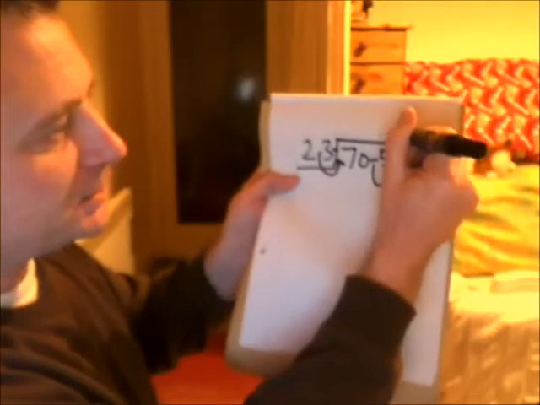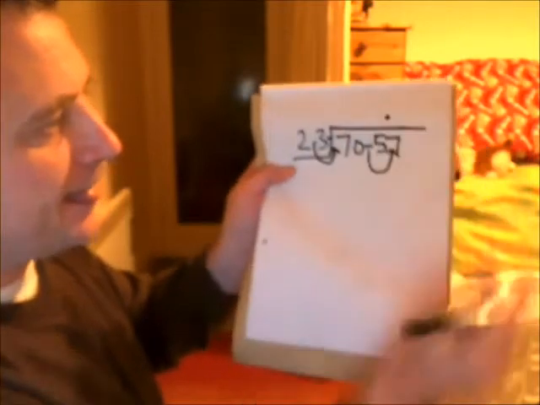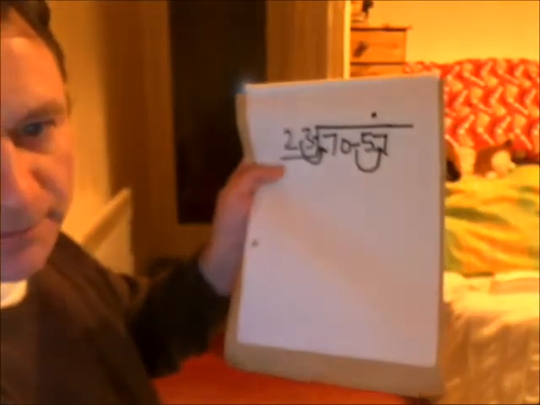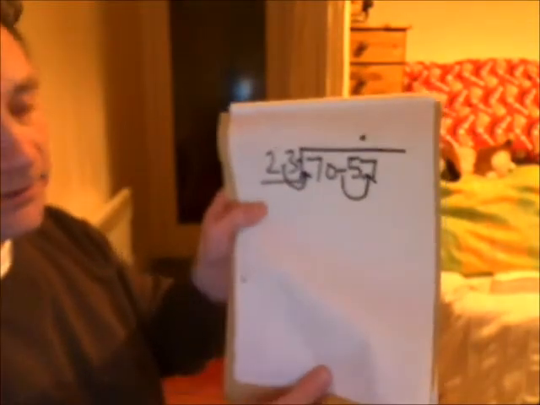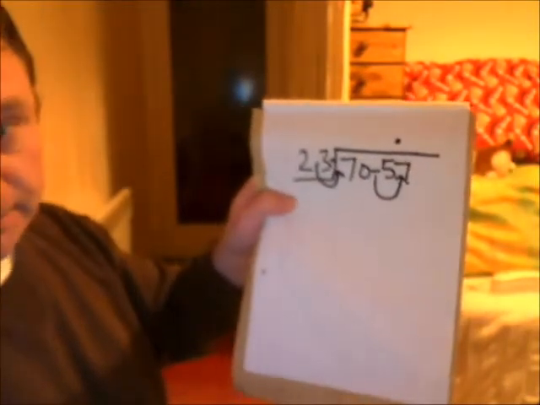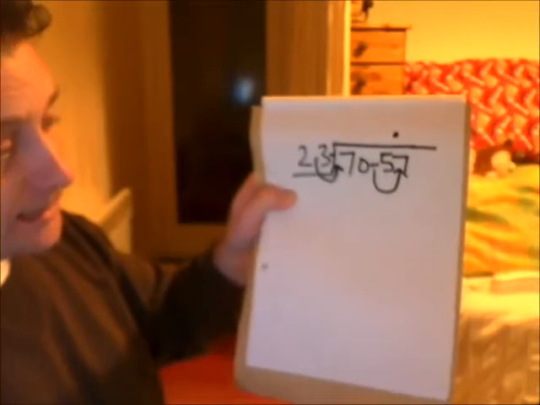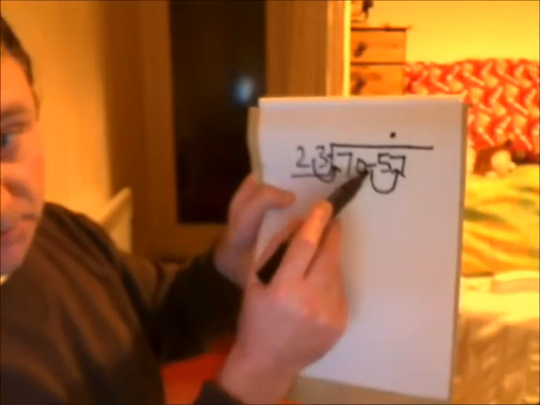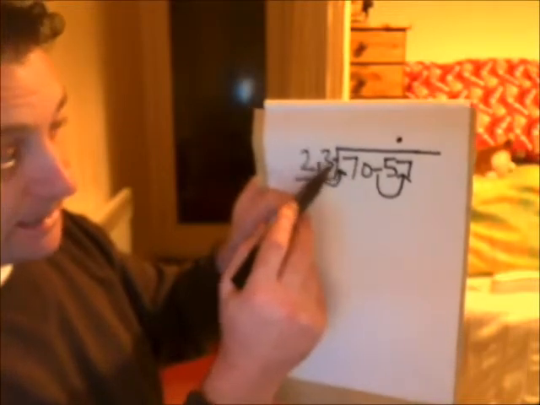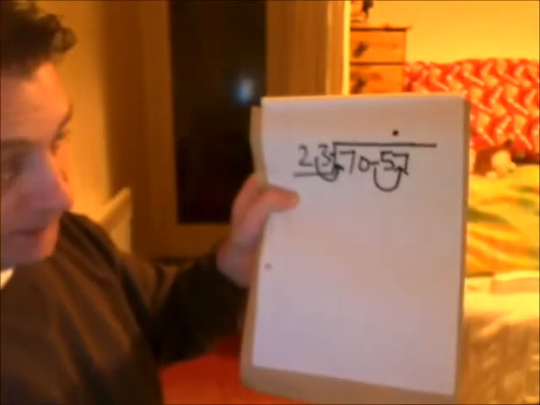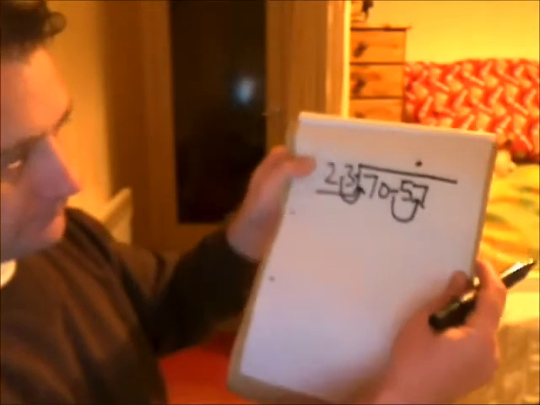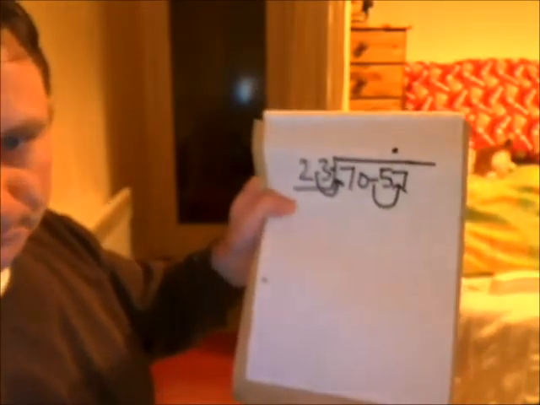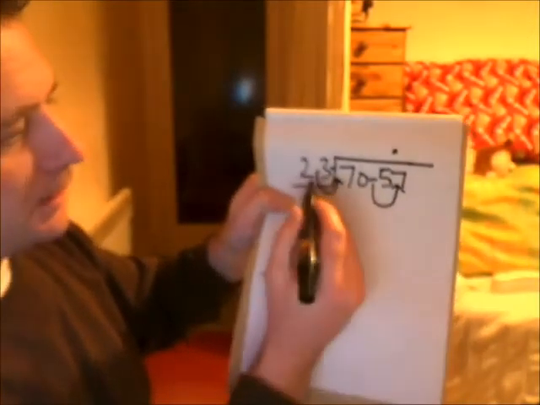We basically just put it up here and forget all about it for the time being, and look at this sum as 7,057 being divided by 23, okay?